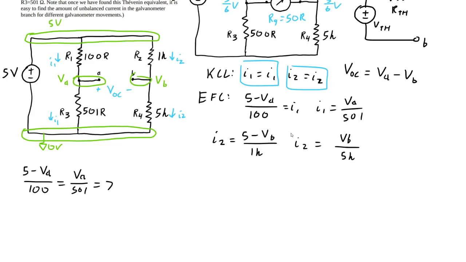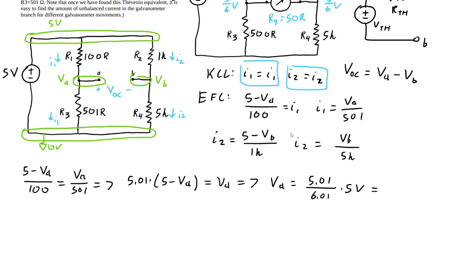We're going to get 5.01 times 5 minus VA, and that equals VA. So I'm going to move VA to the other side. That means that VA equals 5.01 divided by 6.01 times 5 volts.